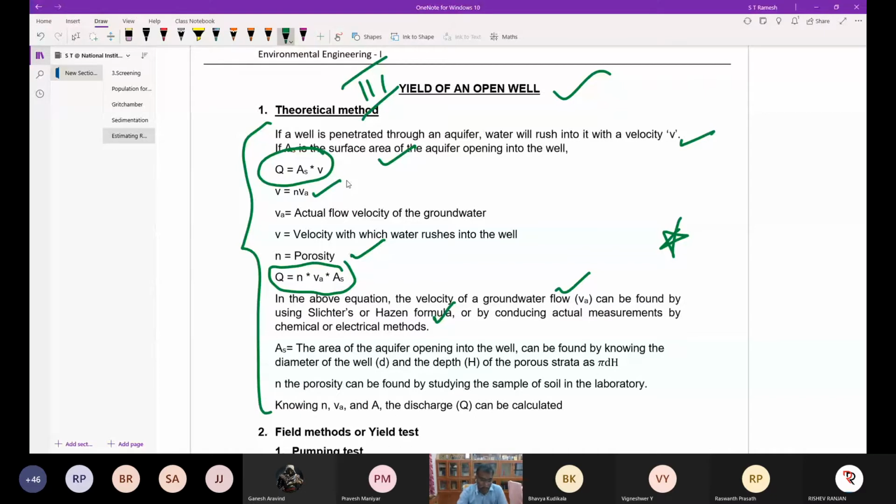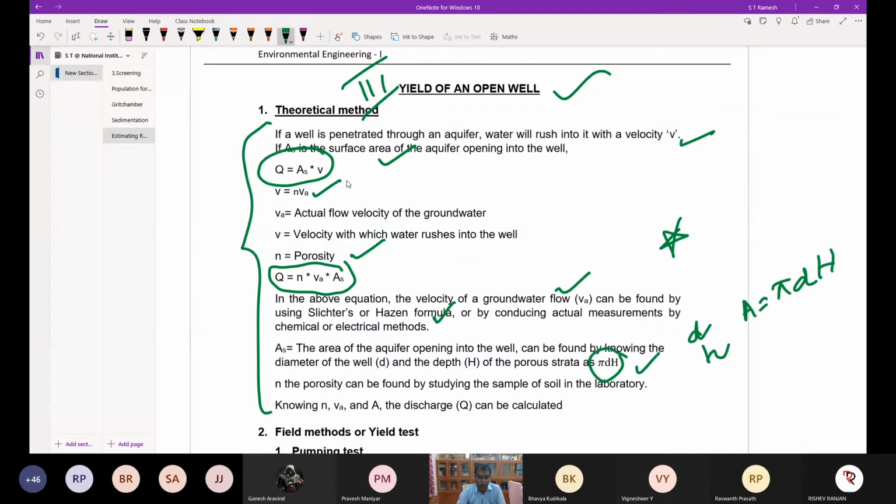And As, if the dimensions of the well, especially the diameter and the height or depth of the water-bearing strata, are known, I can calculate area as pi d h.